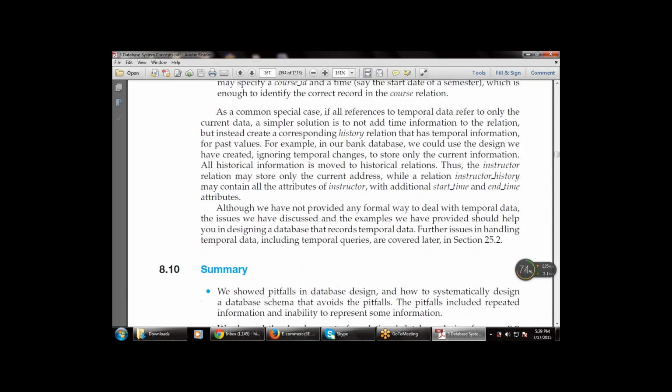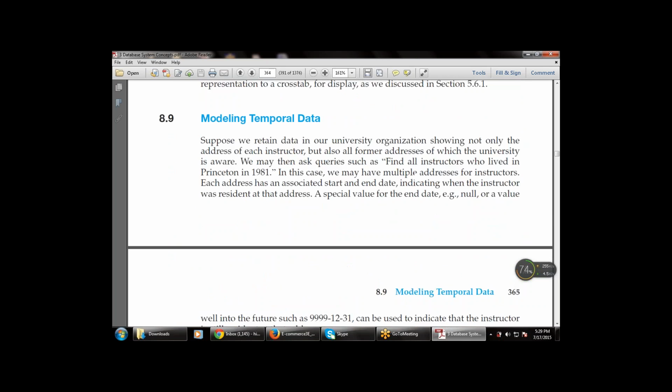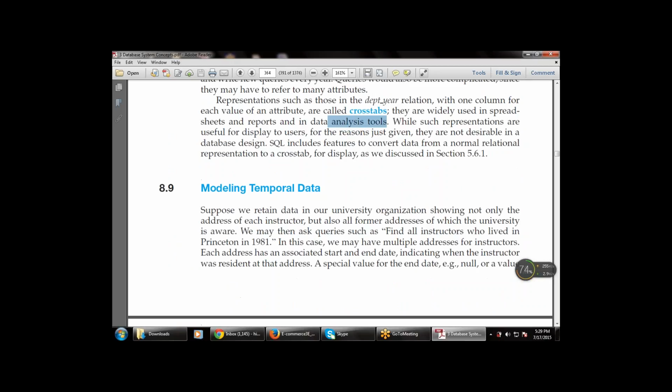Next is modeling temporal data. What models are available for temporal data, and what is its usage? Suppose we retain data in our university showing not only the address of each instructor but also the former addresses of which the university is aware.